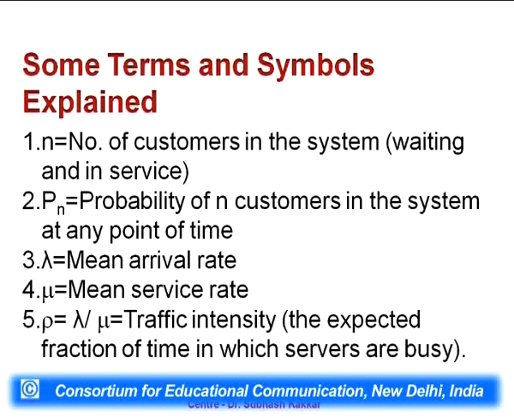Rho is nothing but lambda by mu, and this is known as traffic intensity, the expected fraction of time in which servers are busy. The formula for rho is lambda by mu, and rho is called traffic intensity.